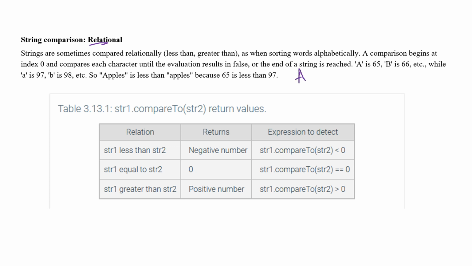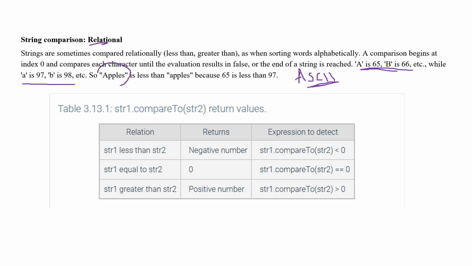Let me write it down here. The ASCII value for capital A is 65, capital B is 66, and so on, while the ASCII value for the smaller letters starts from 97, 98, and so on.